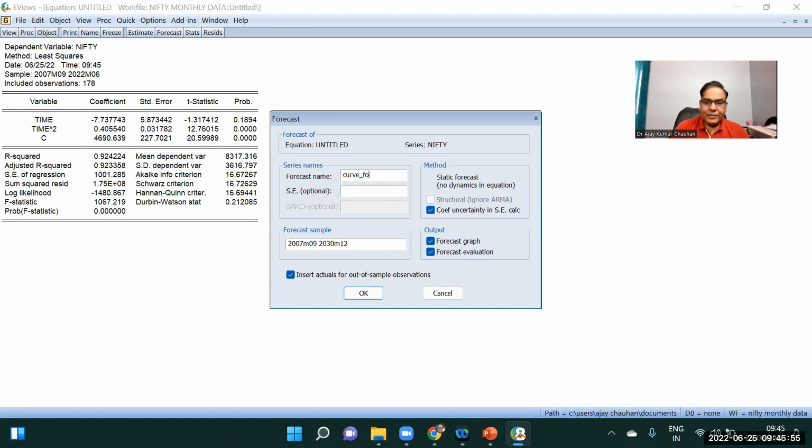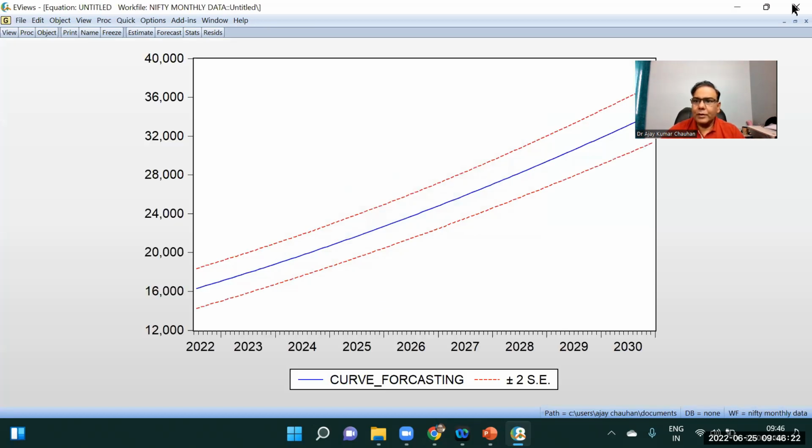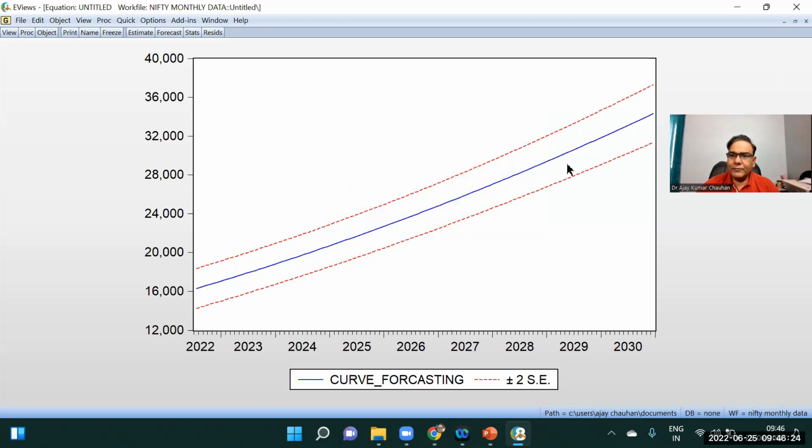I am saving the new series in the name of curvilinear forecasting. The sample should be from July 2022 up to December 2030. Uncheck this. Okay. Now, this is the way Nifty should move in the next 8 years.